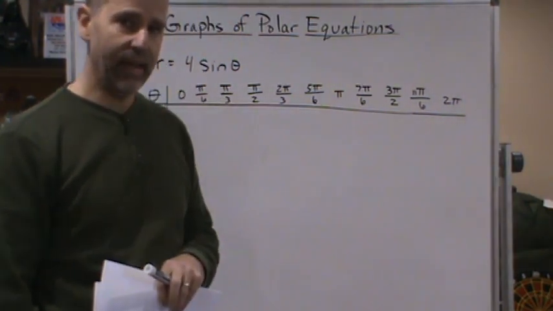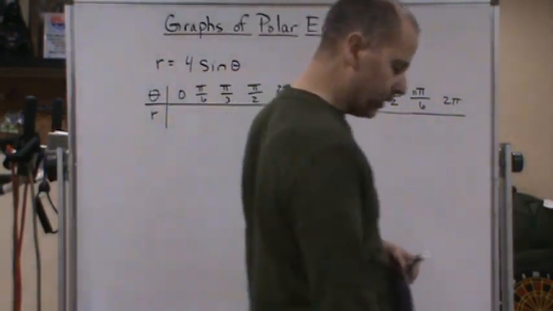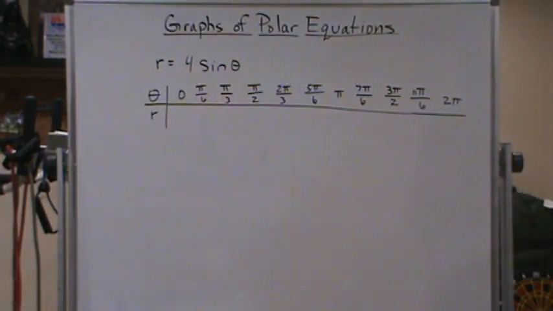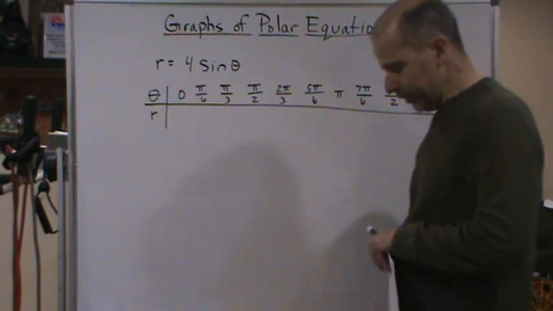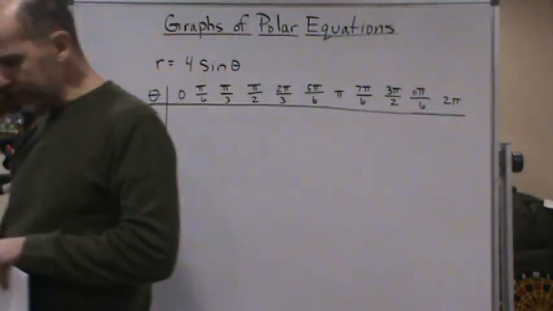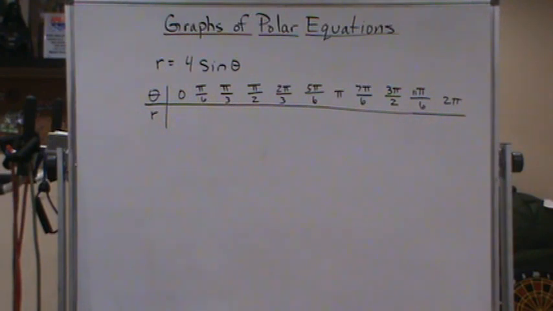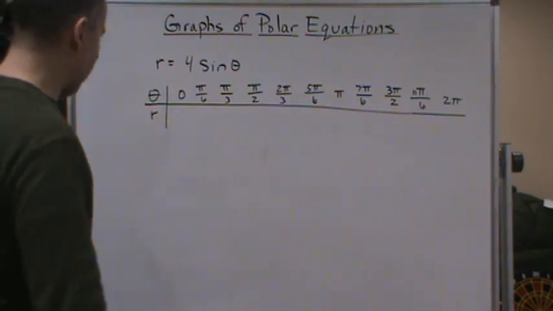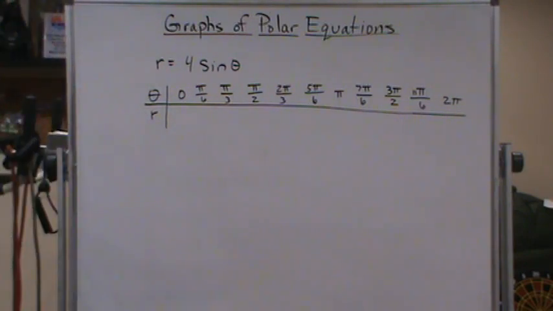What direction is it going? We're going to start with point plotting, and later look at symmetry and other ways we could plot. But let's look at this equation, r equals 4 sine theta.